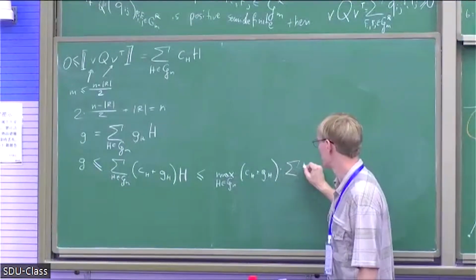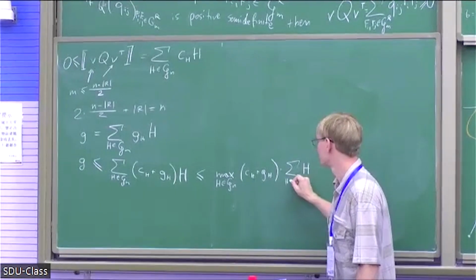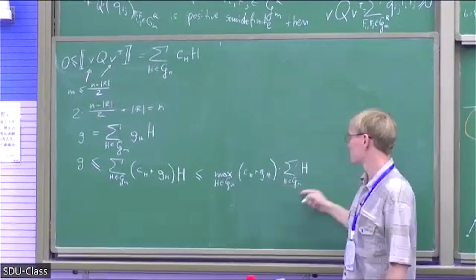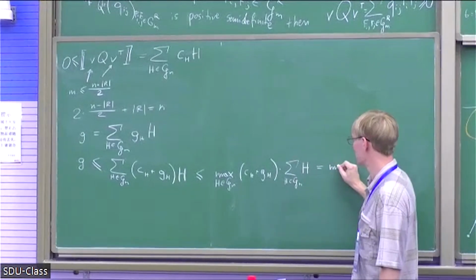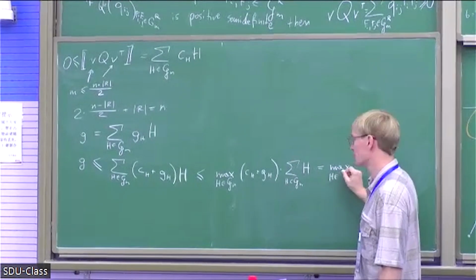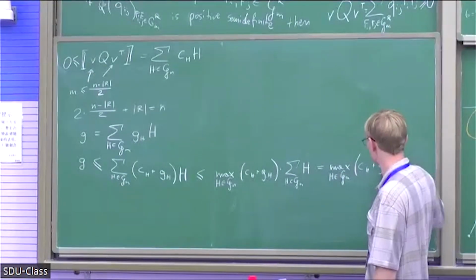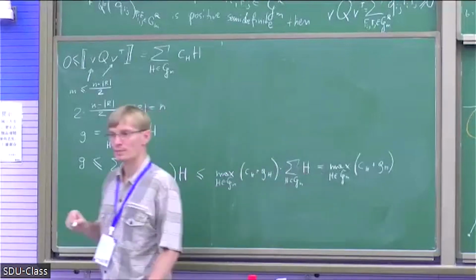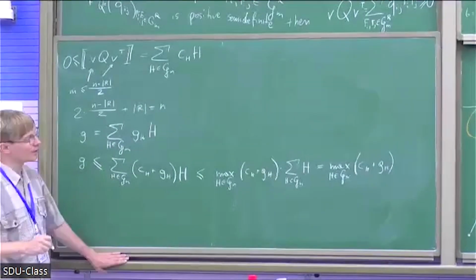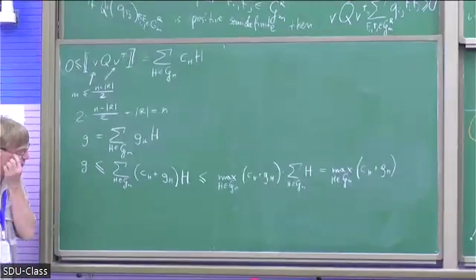So I have the sum of all h, and this is 1. So this is the maximum over all coefficients. Yeah, and this is what we have done in Mantel's theorem.